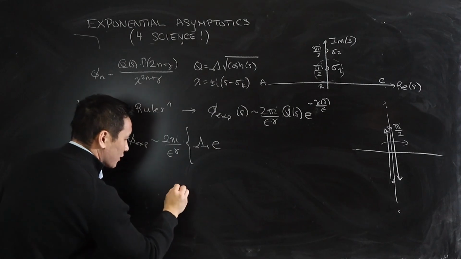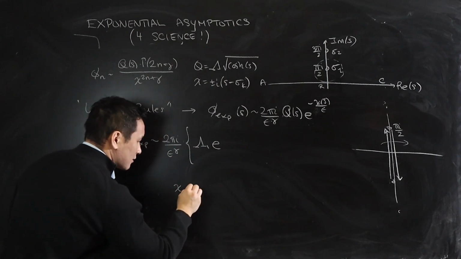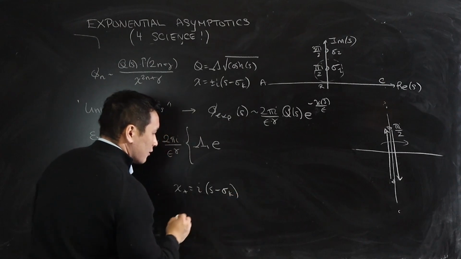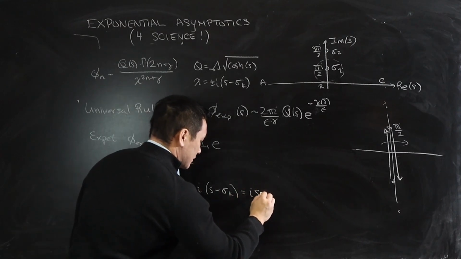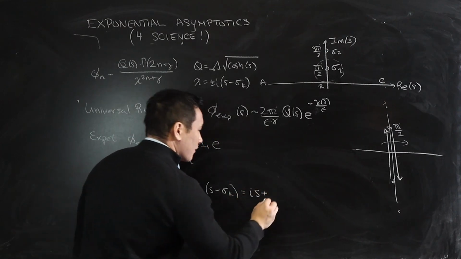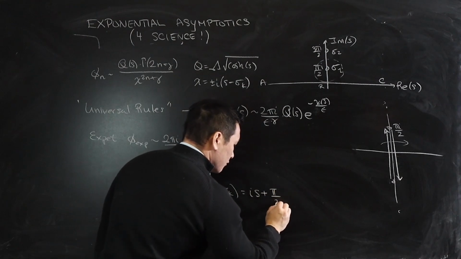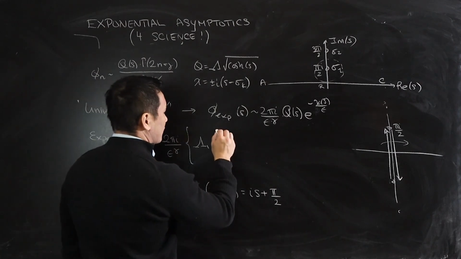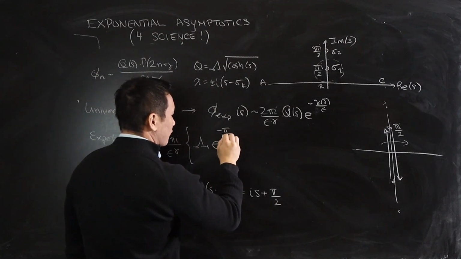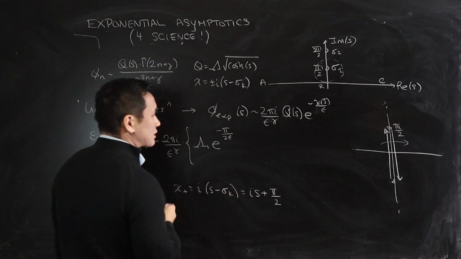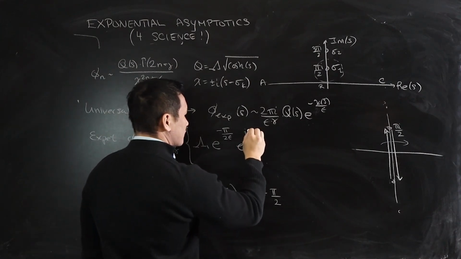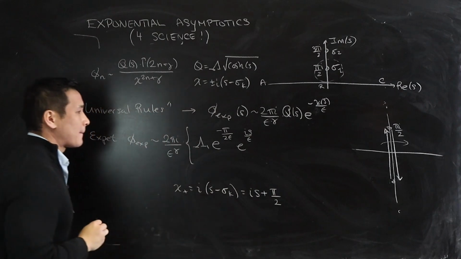So if I think of chi plus being I times s minus sigma k, which is I times s plus pi over 2, this is from the singularity in the upper half plane. Then I'm going to have an e to the minus pi over 2 epsilon. There's my exponential smallness. And then an oscillation, e to the I s over epsilon.